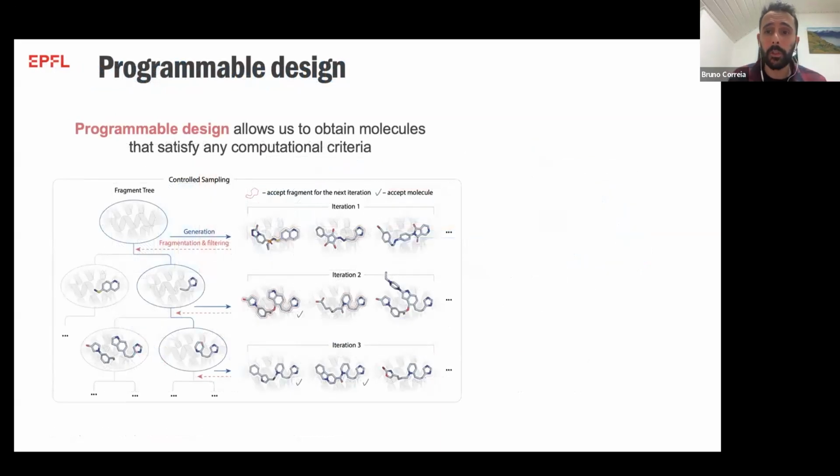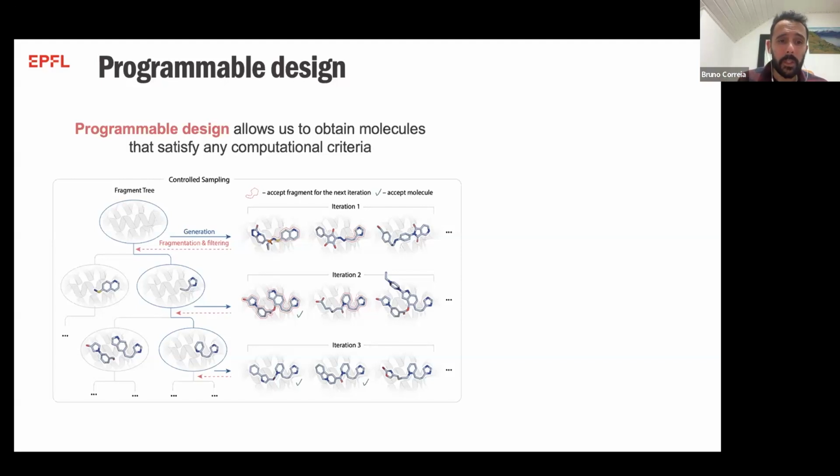But perhaps what is more interesting and exciting, and I'm probably already running out of time, so I'm going to try to keep it pretty quick, is how does this actually perform in terms of designing new molecules. Arne, Ili, and Adrian came up with a strategy for sampling here, which they called controlled sampling.